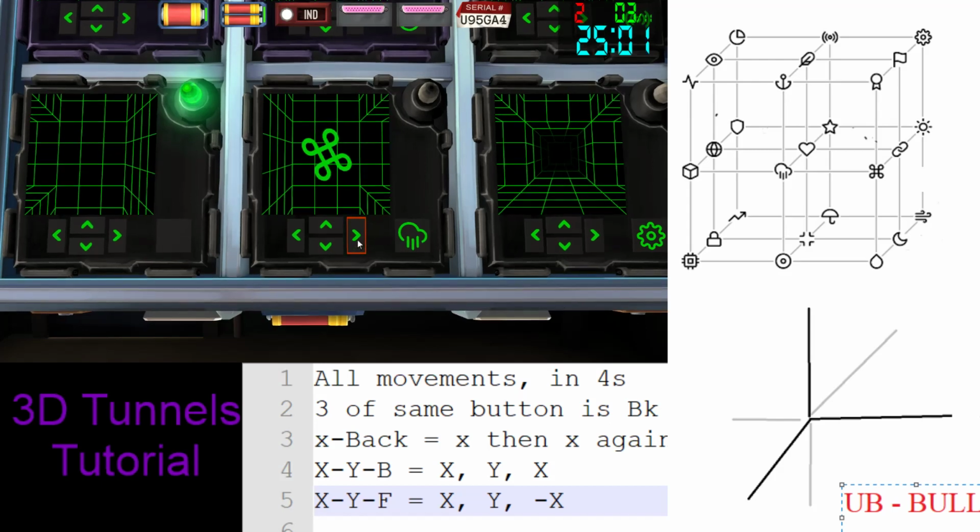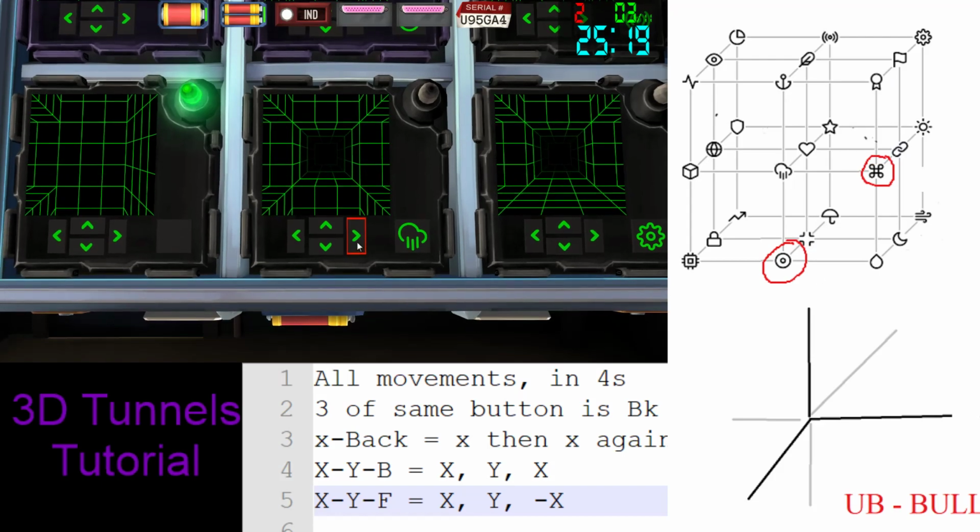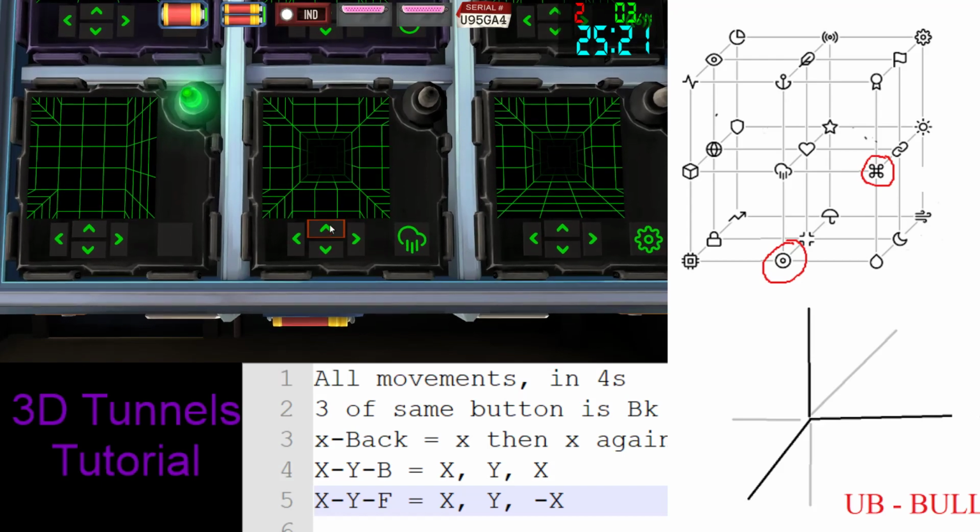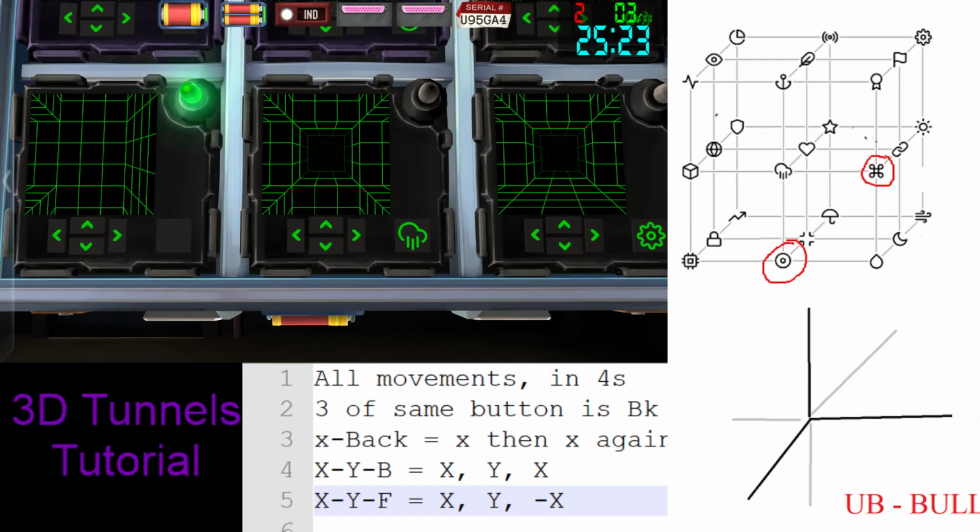Up right gives me the command symbol. So this is up right. This is up back. So that actually gives me everything I need. So let's finish the right movement so I go back to my starting point. Let's figure out what this translates to. Well, either way, I kind of moved closer to the user.